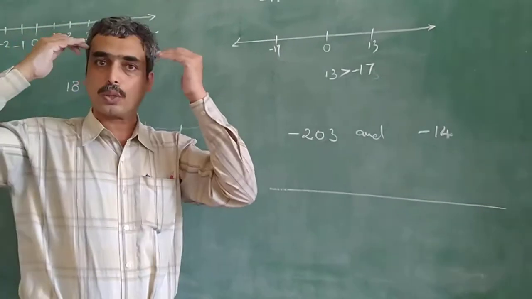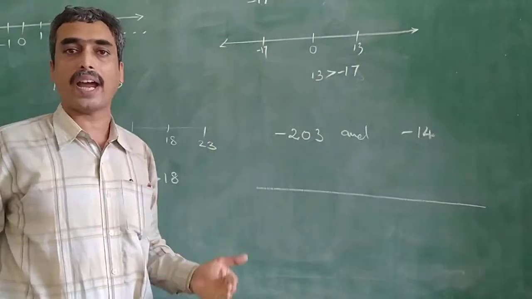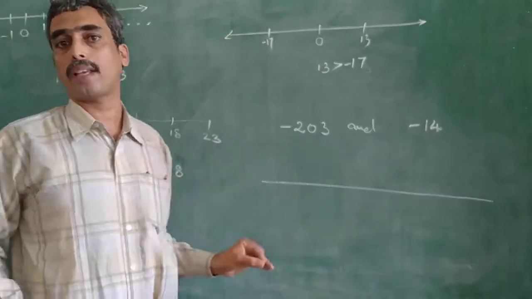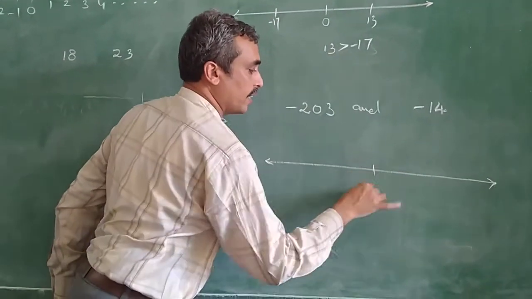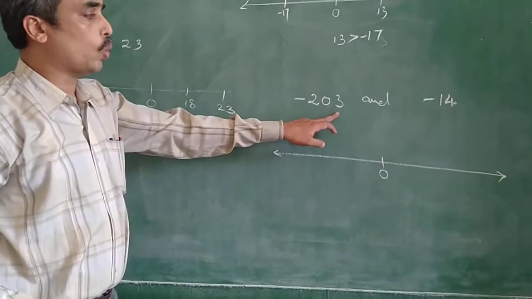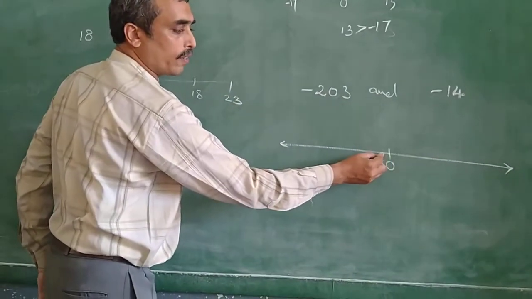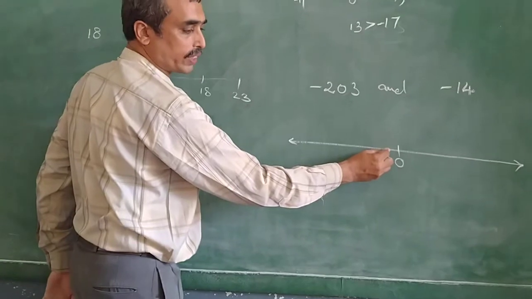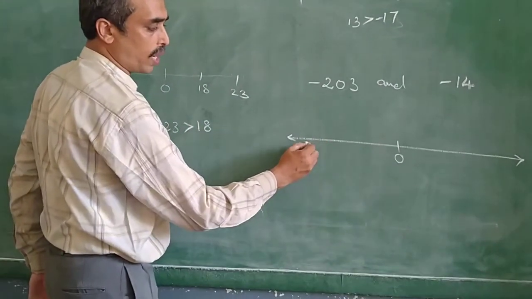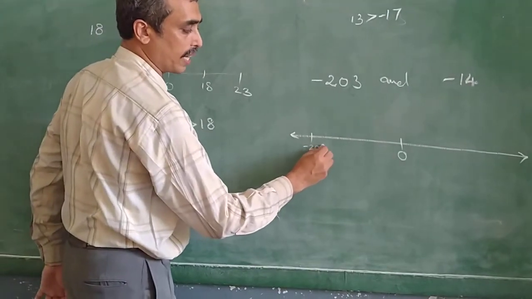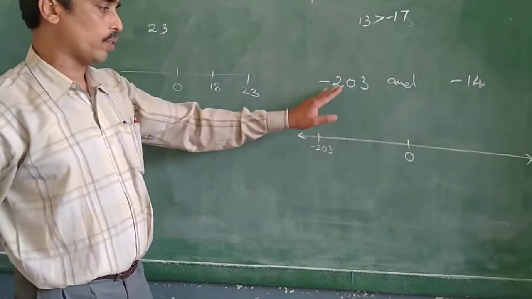You can imagine the number line in your mind, place the numbers in their places and compare. Let us take 0. On the left side, immediately after 0 come -1, -2, -3, -4 and so on. Somewhere -203 will come here. Let us mark it.